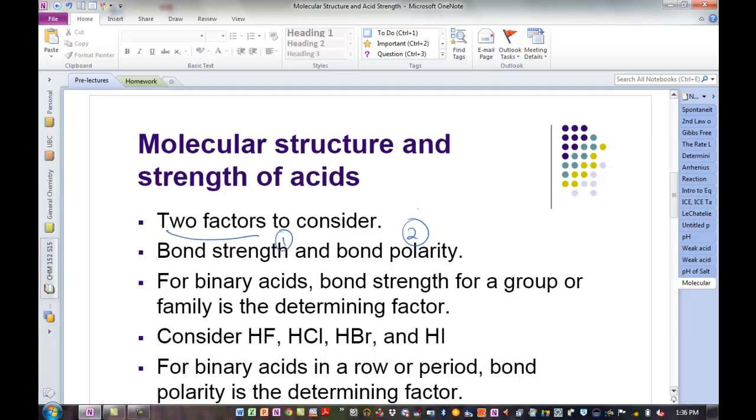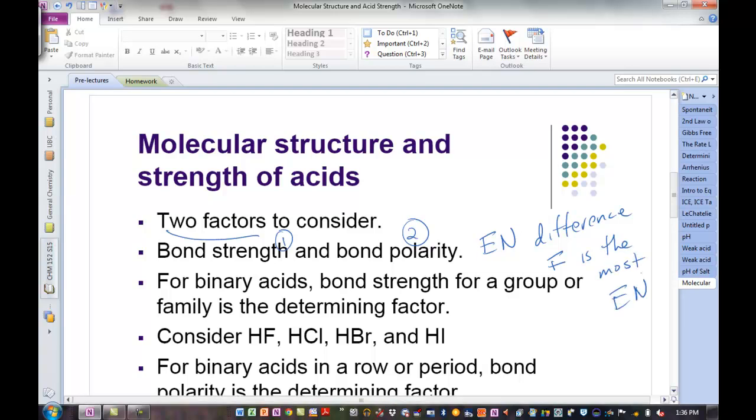And then there's bond polarity, and that's an electronegativity difference. Electronegativity, EN for short. The larger that difference, the more polar the bond. And you might remember that fluorine is the most electronegative element. Okay, so this is kind of all review.